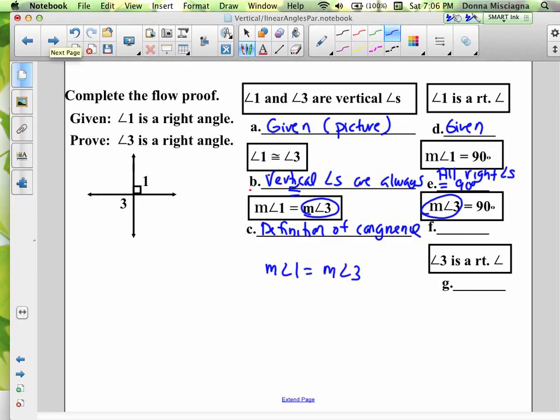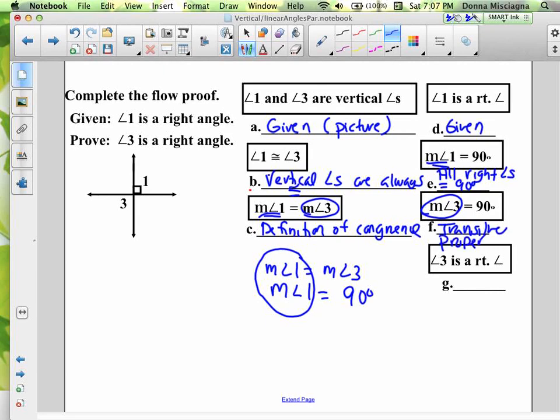And I see the measure of angle 1 someplace else. The measure of angle 1 equals 90 degrees. So both things, the measure of angle 3 and 90 degrees, are equal to angle 1. Therefore, they're equal to one another. That's the transitive property.